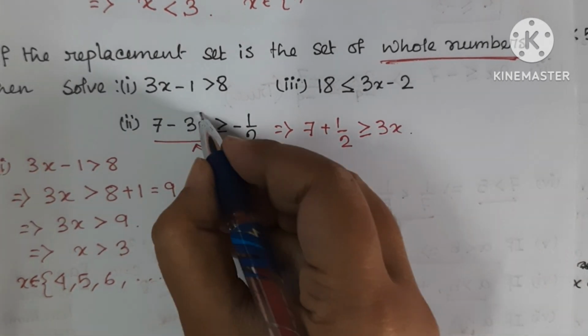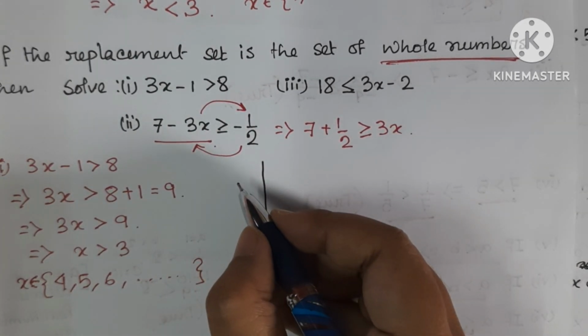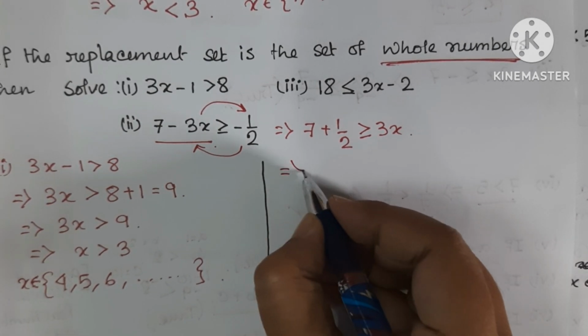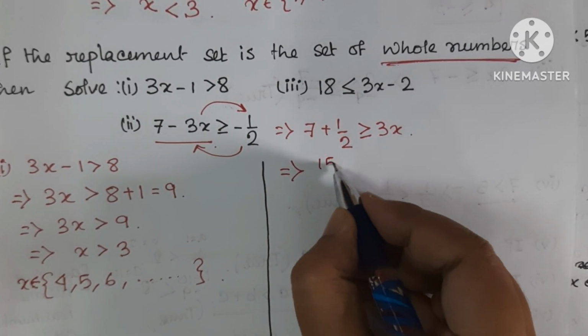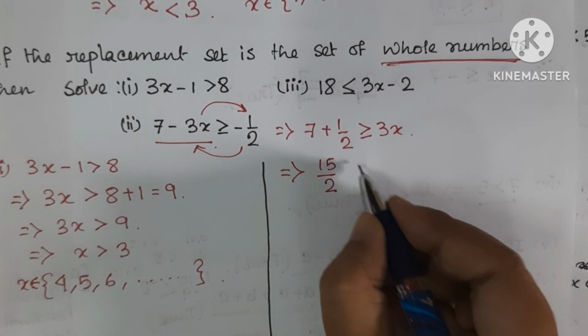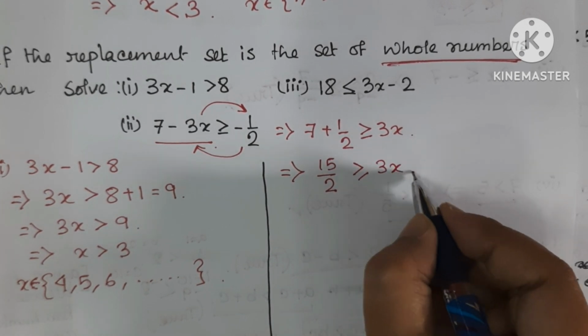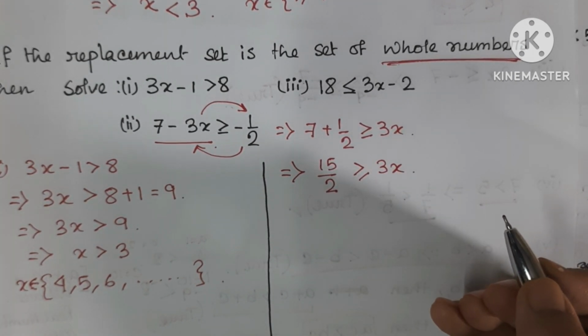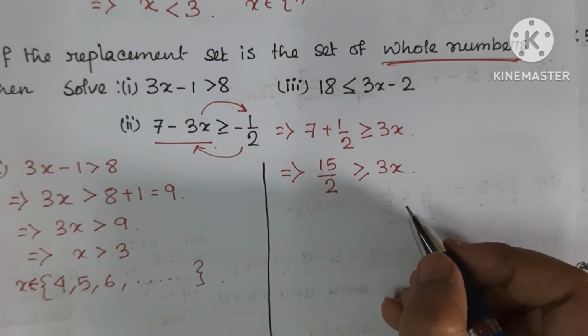You have transferred this term to this side. So here it will be 15 by 2, that will be greater than or equal to 3x.